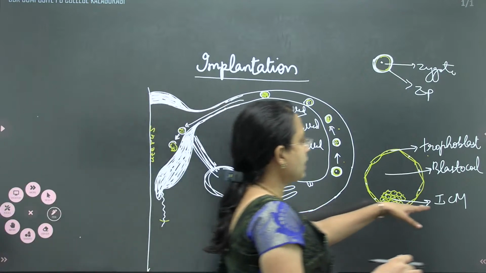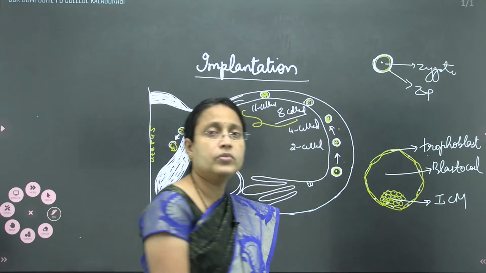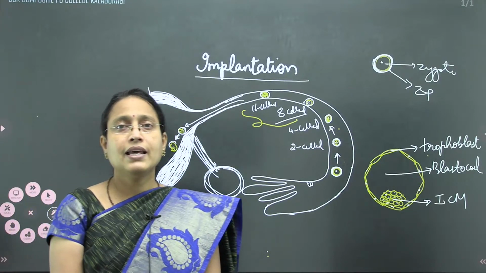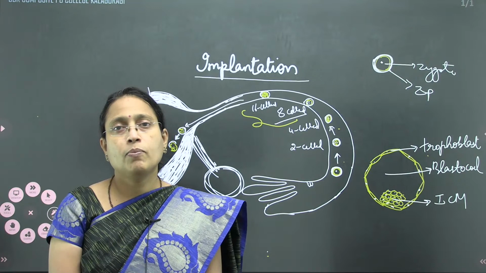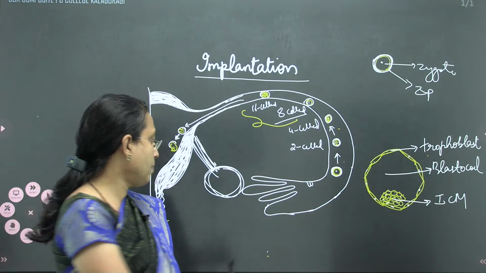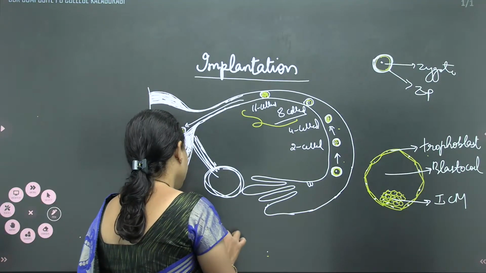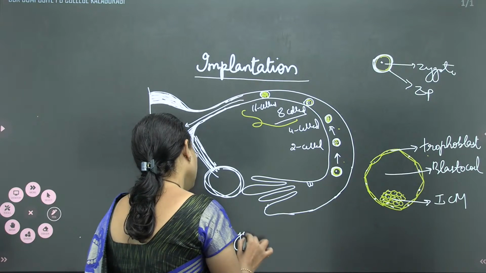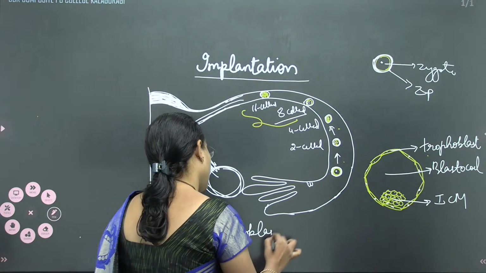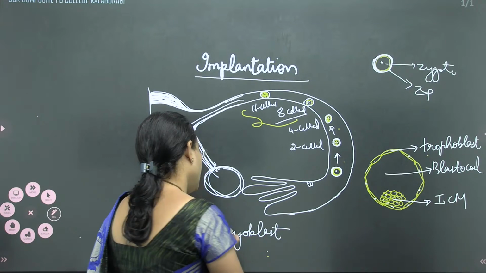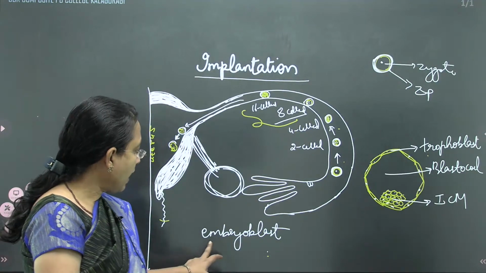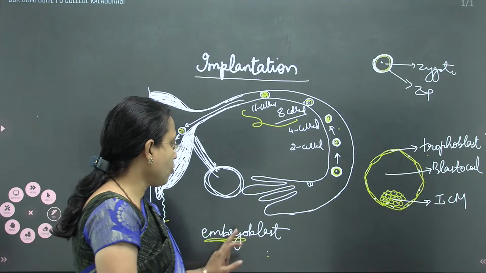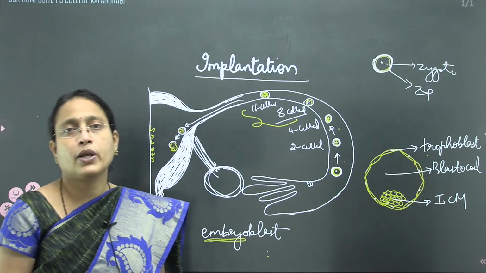Okay, then next comes the ICM. ICM is inner cell mass. It is also called embryoblast. As the term indicates, it is responsible for formation of embryo.